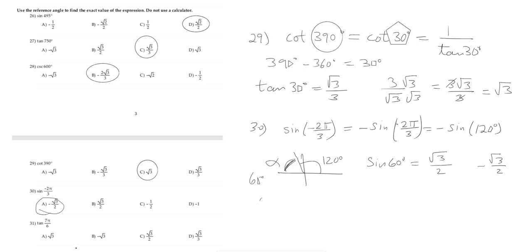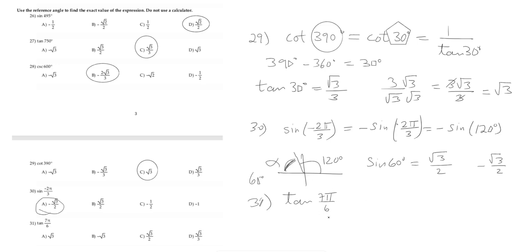Finally, tangent 31. Tangent of 7 pi over 6. Okay. By the way, 7 pi over 6 expressed in degrees. If you want to see it in the unit circle, you use multiplication.